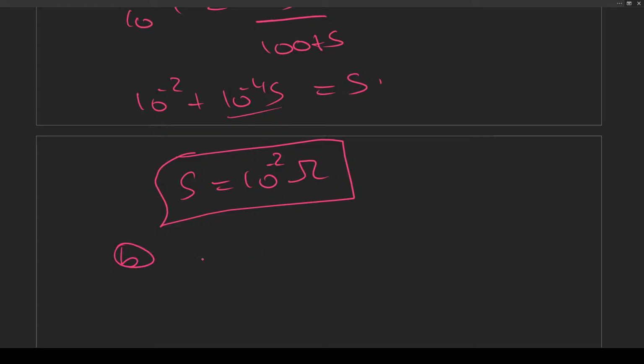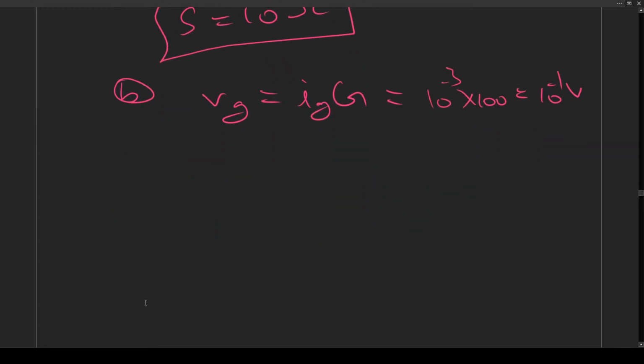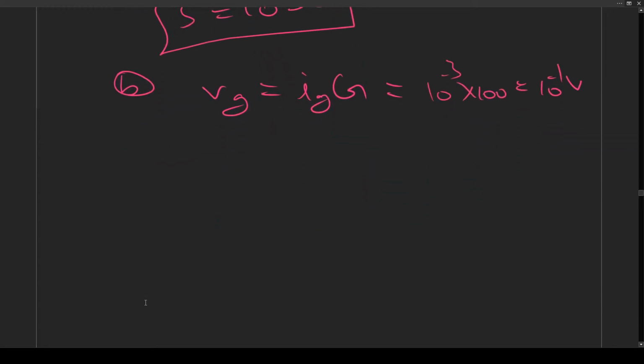where Vg is equal to Ig times G, which we will get as 10 power minus 3 times 100, which is 10 power minus 1 volt. We should have it such that only 10 power minus 1 volt will pass through the galvanometer.